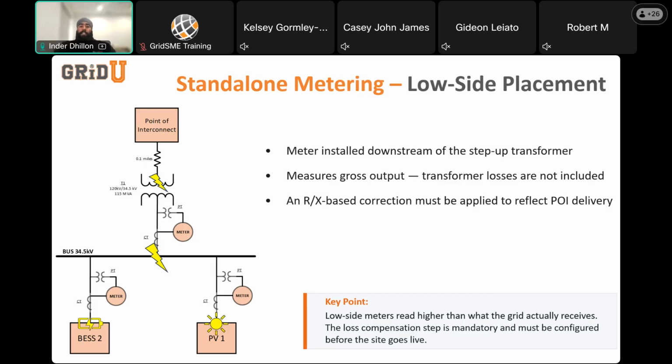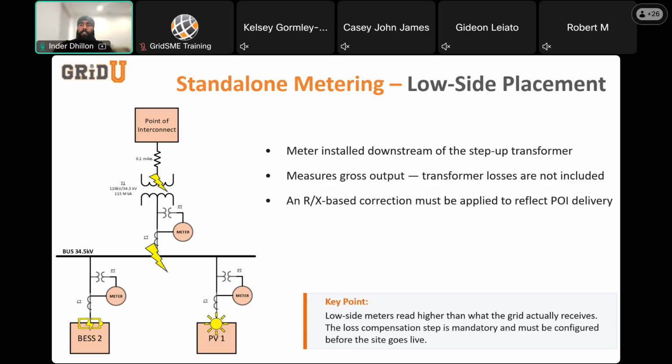And to fix that, you have to apply a loss compensation correction, a formula derived from the transformer's R and X parameters that adjusts the metering reading down to what was actually delivered at the POI.